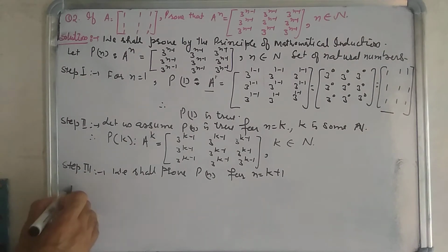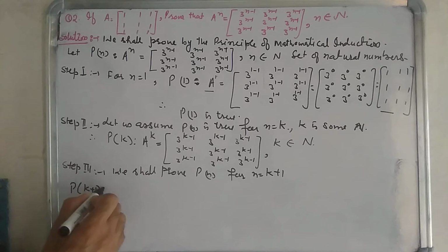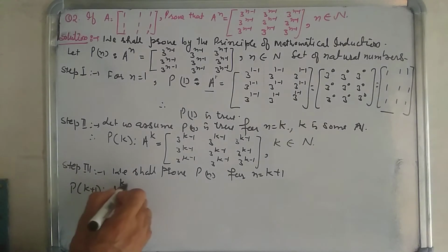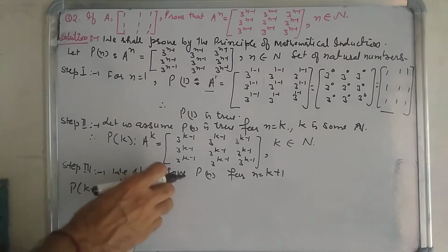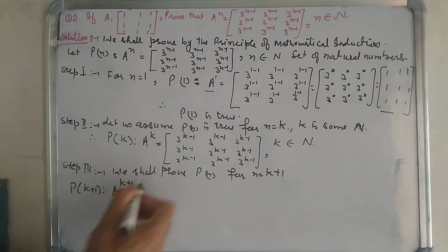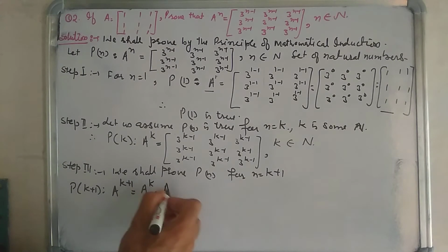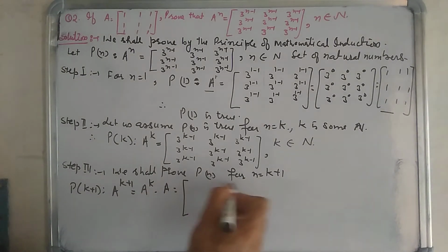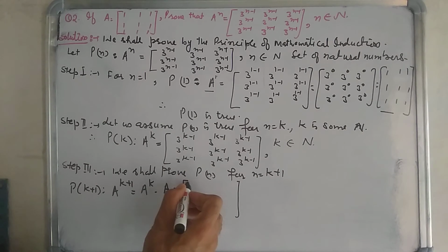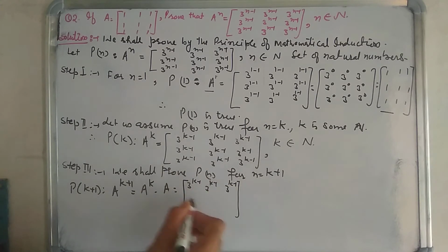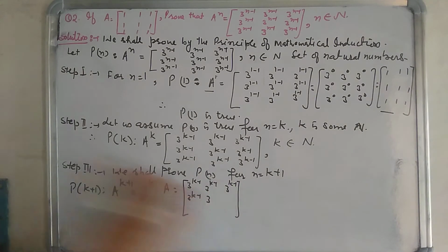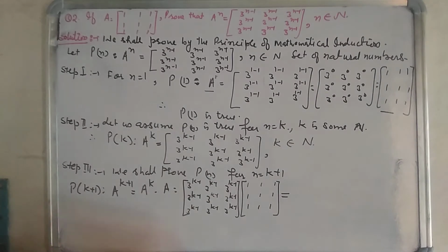Now the statement Pk plus 1 becomes A raised to the power k plus 1, which is equal to, first of all we write down A raised to power k into A. Therefore A raised to power k is, by step 2, the matrix with 3 raised to k minus 1, and we write here the matrix value A.